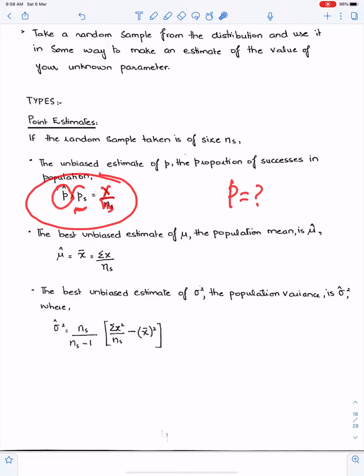We equate ps to p cap. P cap means the estimate of the population probability of success.